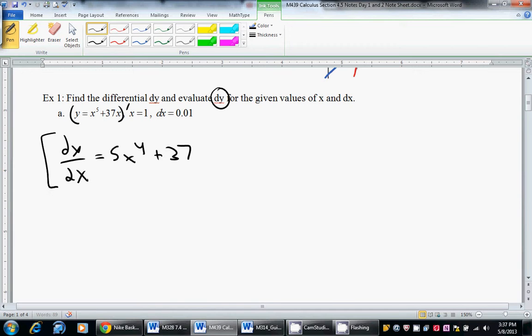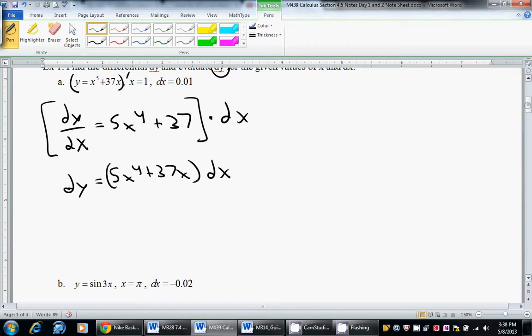I'm going to multiply both sides of this equation by dx. On the left hand side, I'm going to get dy by itself, the dx's cancel, and on the right hand side, I'm going to get 5x to the fourth plus 37, all multiplied by dx. And that is my differential dy.